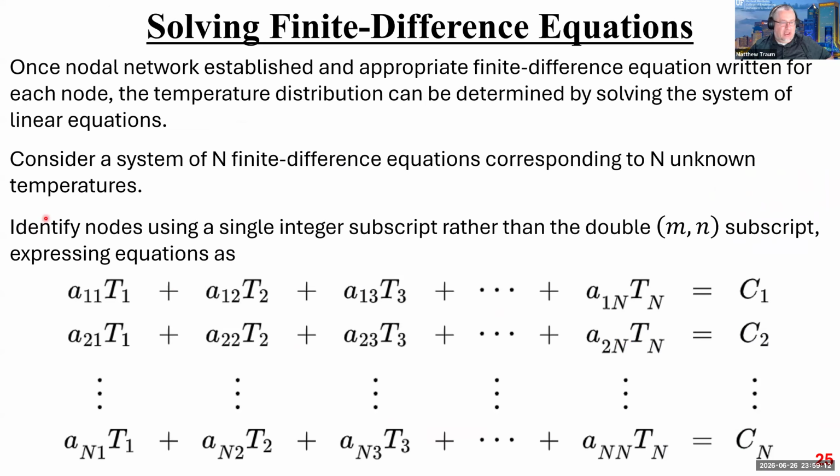Then we're going to identify the nodes using a single integer subscript rather than the double subscript that I've been using up until now. Up until now, I've been talking about m comma n, and moving forward we're going to drop the m comma n and just represent it as 1, 2, 3, and so forth.